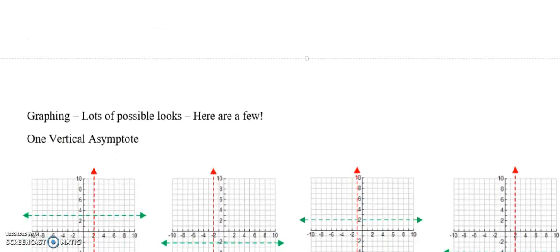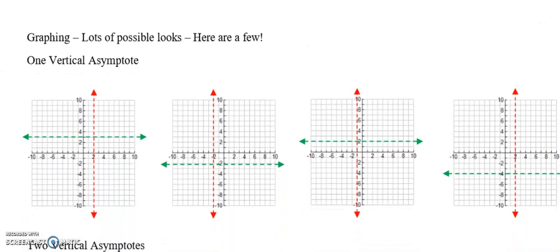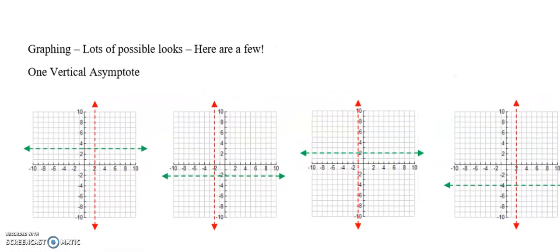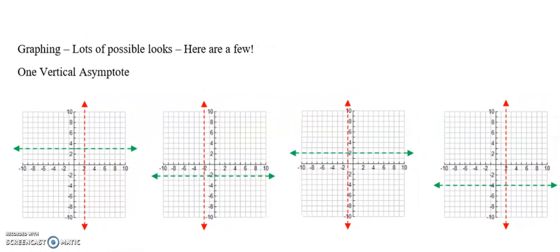All right, so what are these graphs going to look like? If you have one vertical asymptote and a horizontal asymptote of some sort, your graphs could look like this, where maybe you have something like that. You could have graphs that kind of look like the ones you did in 9.3, like that.